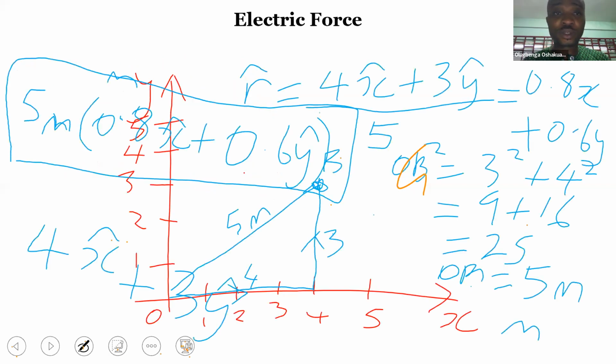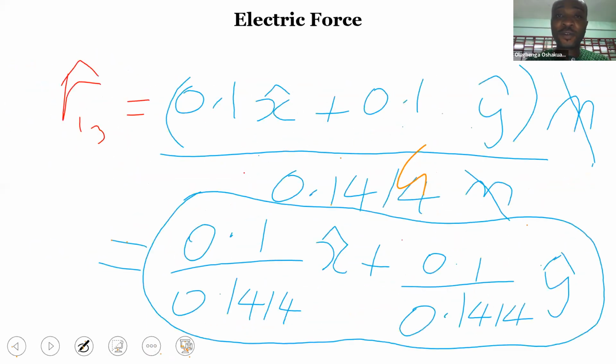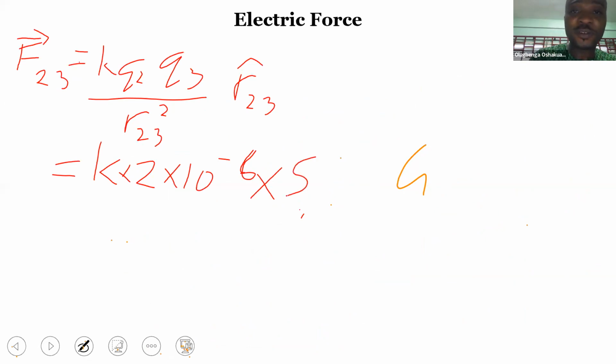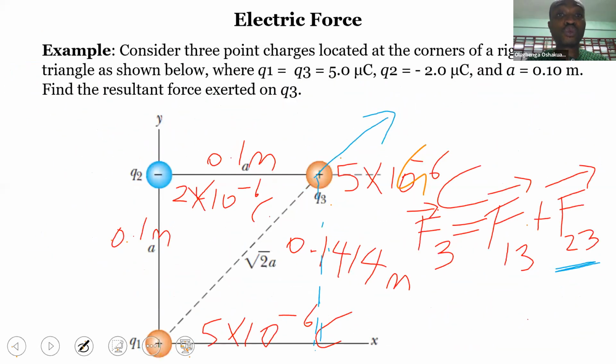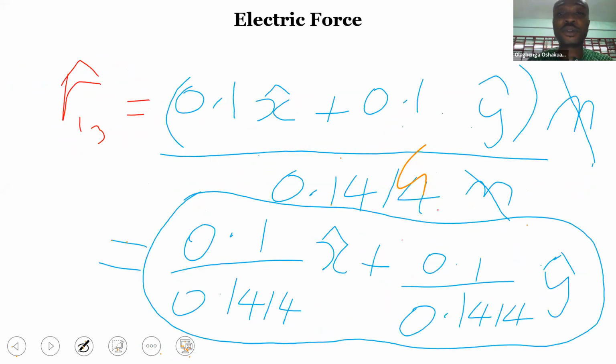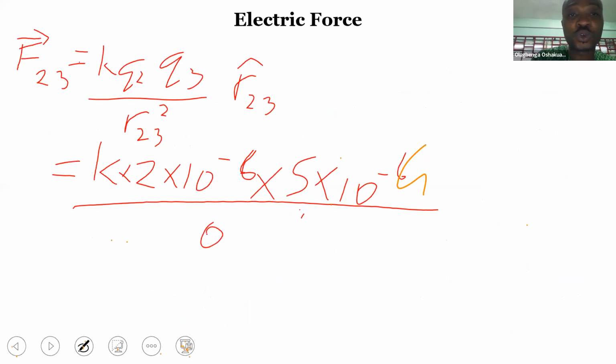While Q3 is 5 microcoulomb, which is 5 times 10 raised to the power minus 6, divided by the distance of separation between Q2 and Q3. That is 0.1 meter, so 0.1 squared. So everything we have here will give us the magnitude of the force in Newton.